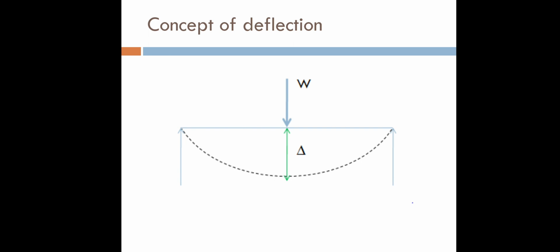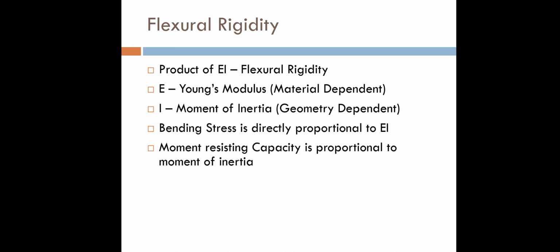The bending stress is dependent on one important factor, which is called flexural rigidity. Flexural rigidity is the product of EI, where E is the Young's modulus and I is the moment of inertia. The product of Young's modulus and moment of inertia is called flexural rigidity, which is directly proportional to the bending stress.